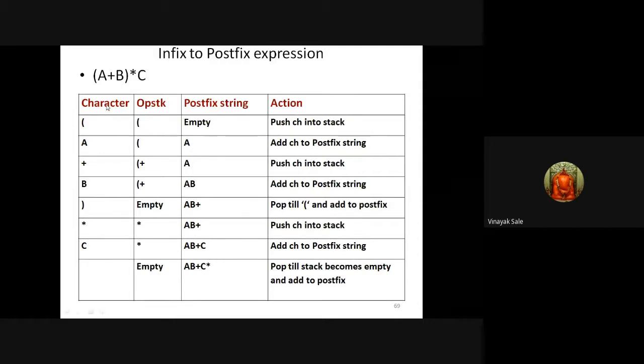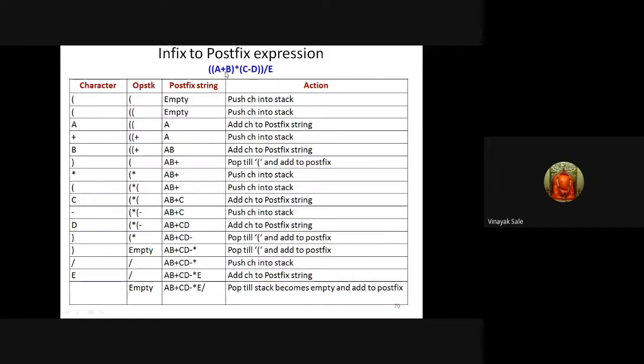Here the first column is character, the second is operation stack, the third is postfix string, and the fourth is action column. Then after this we have taken this example, solved with the same method.